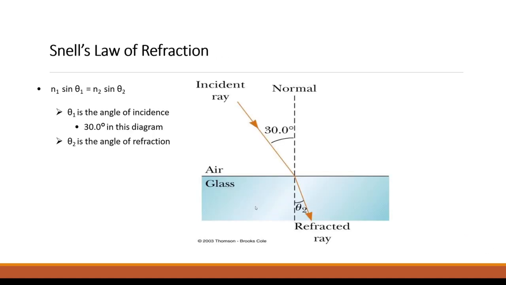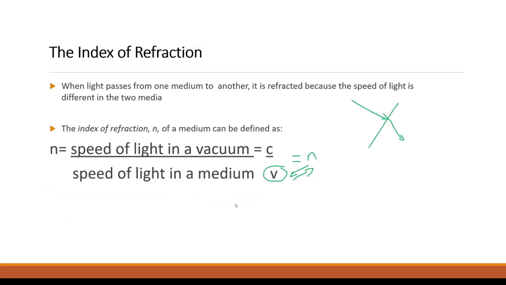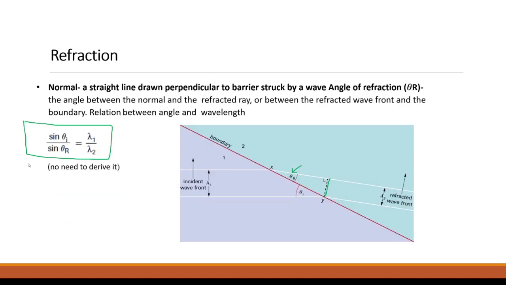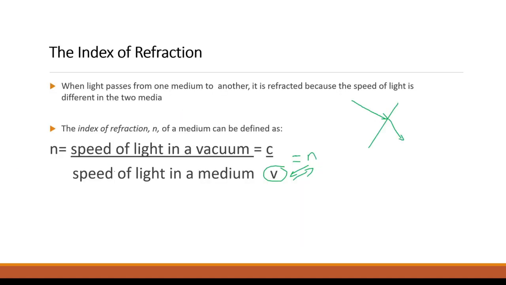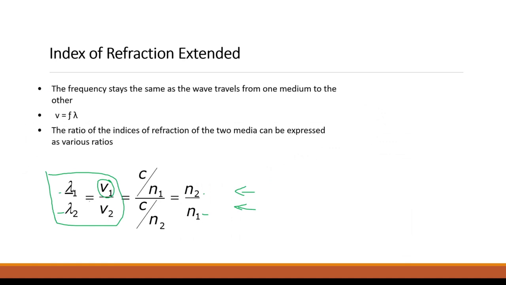So the formula we didn't go through the math for, if we take this formula, and we see lambda 1 over lambda 2, and we found in this slide that lambda 2 over lambda 1 is equal to n2 over n1.